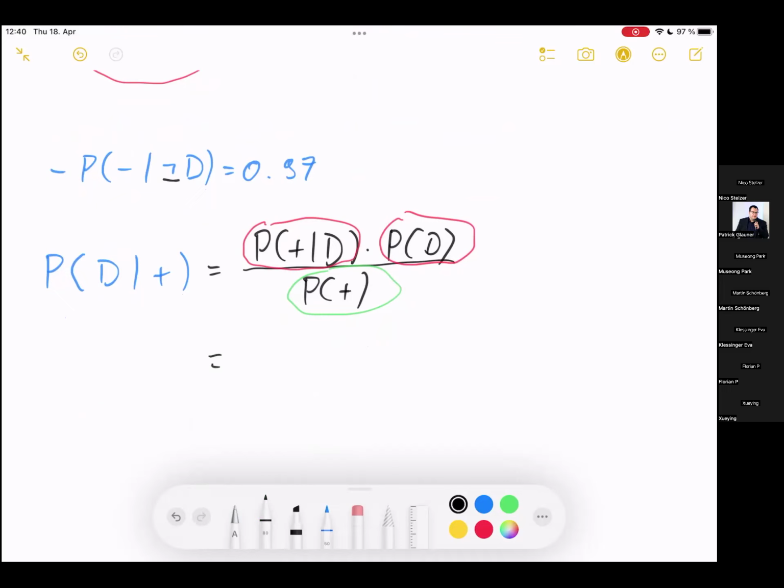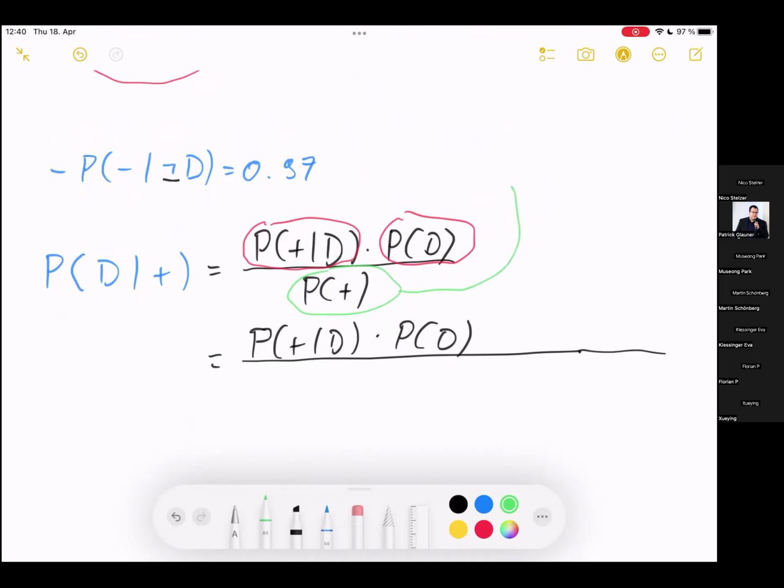And we're now coming to the next step. So this will be a little bit longer. And the numerator of the fraction is fine. We have this already. So P of plus given the disease times the probability of the disease. The prior is something we have already. And the denominator is a little bit more tricky.